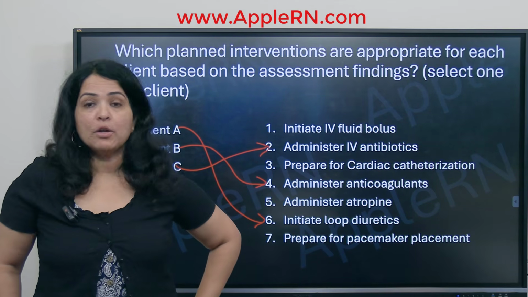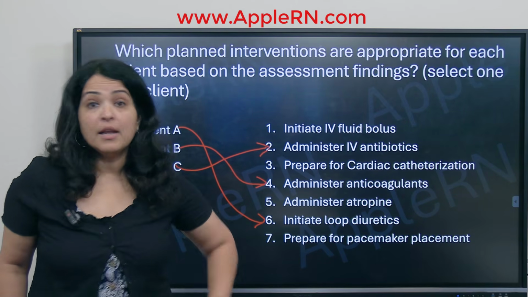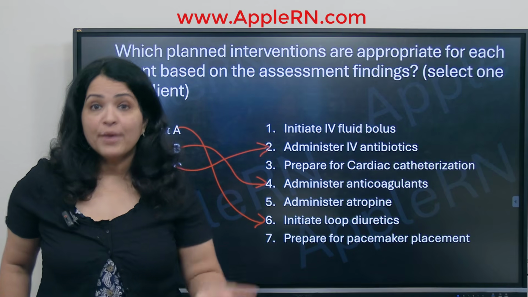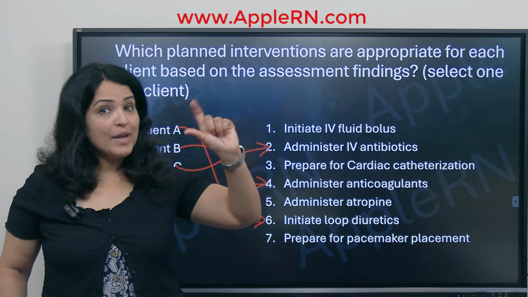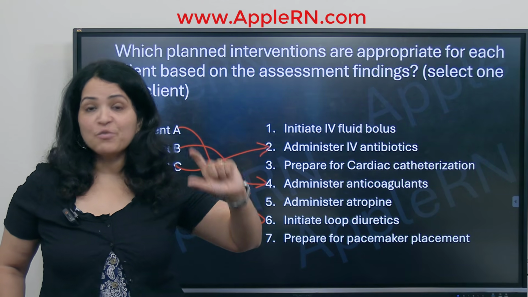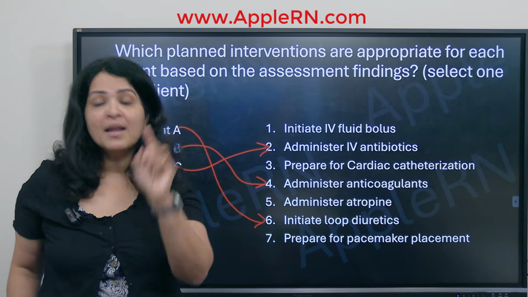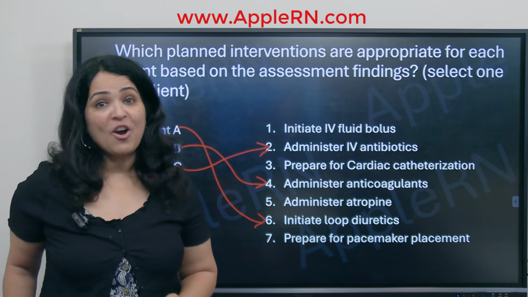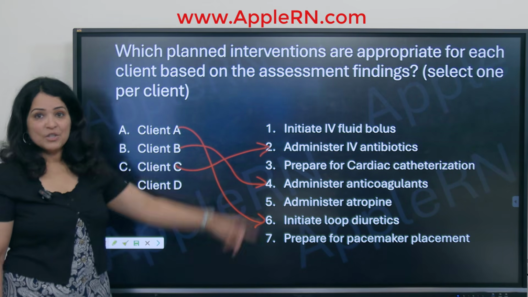I don't know, because I don't think there was dehydration, though it can happen with fever and sweating and stuff like that. But between an IV bolus and IV antibiotics for a patient with infective endocarditis, if I can choose only one, I will go with antibiotics because that's more important.